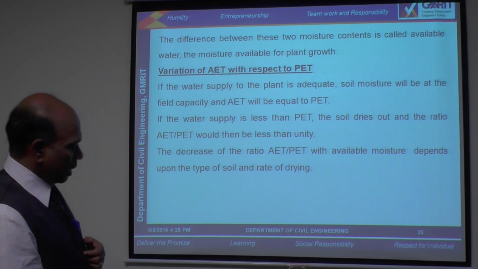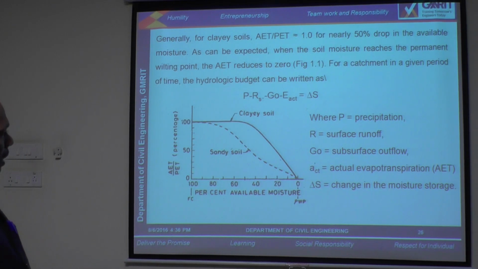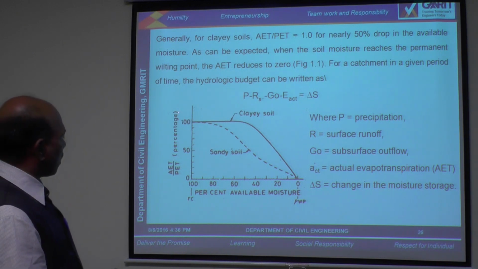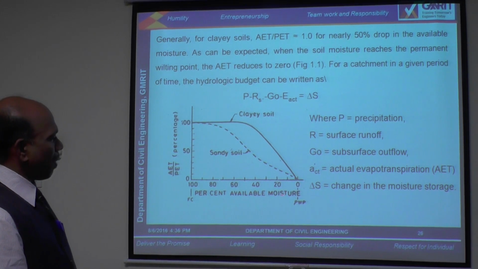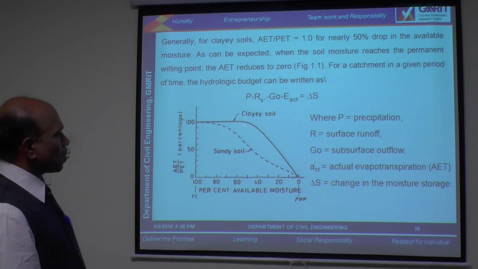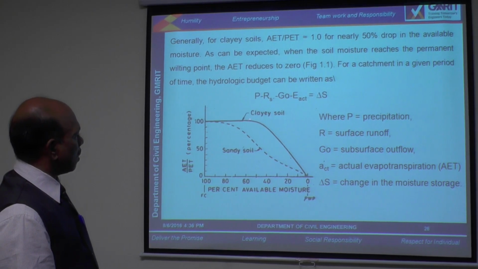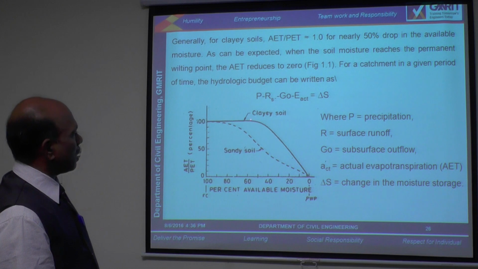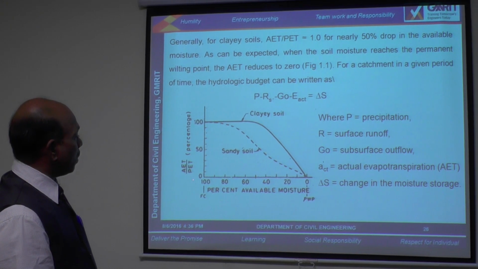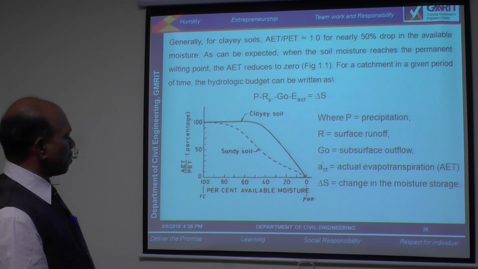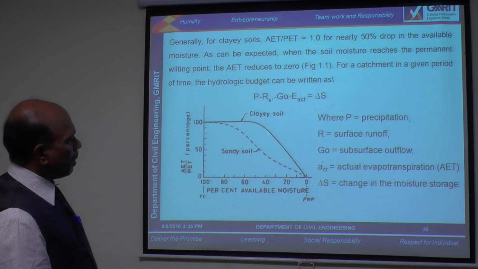Just see the diagram here. This is sandy soil and this is clayey soil. Here this is the AET by PET ratio, and this is the percentage of available moisture. In case of clayey soils, the moisture content reduces by 50% while the AET by PET ratio continues up to this point. Beyond 50%, when the water content reduces, the graph falls down.